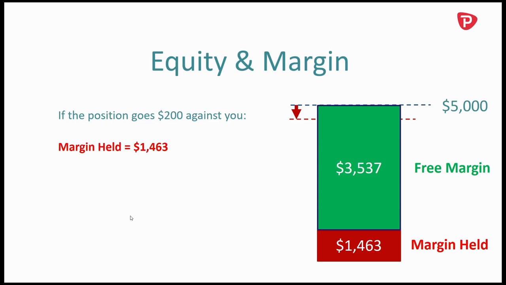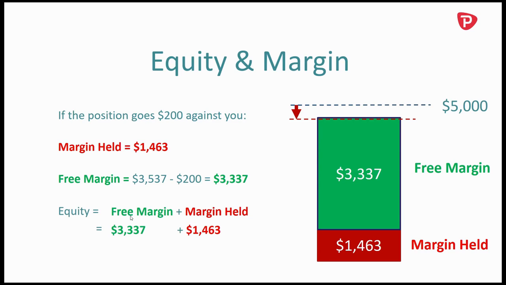The margin held for having that position open still remains the same at $1,463. However, our free margin will change because our trade is currently $200 against us, and it will become $3,337. This would mean that if we closed our trade at this point in time, we would have a total equity of $4,800 remaining in our account.